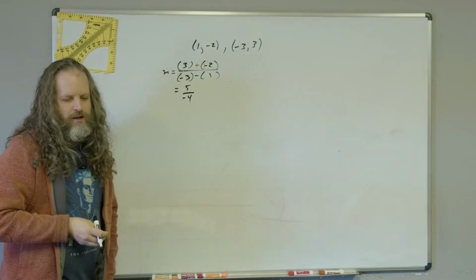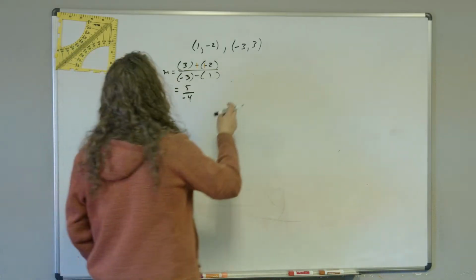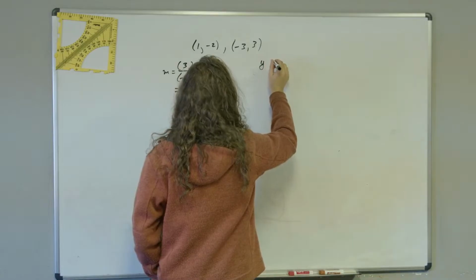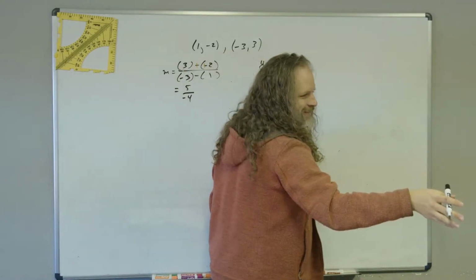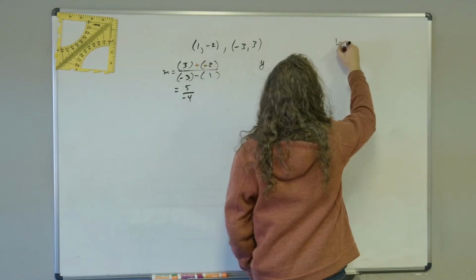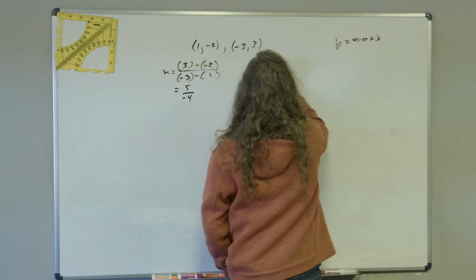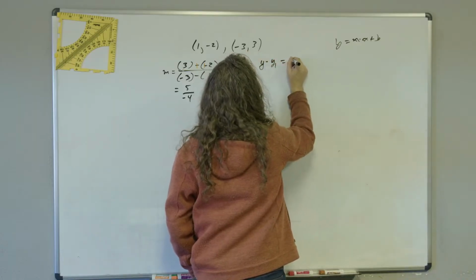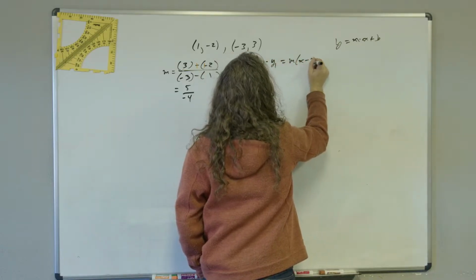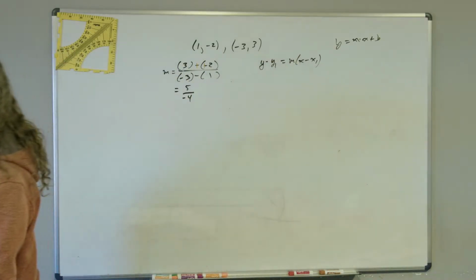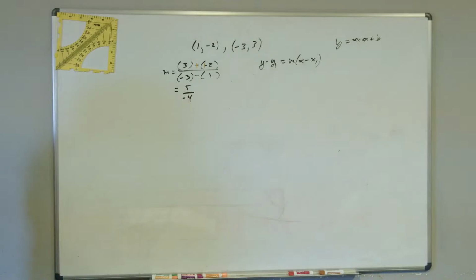Sure. What is the slope-intercept form? That's the point-slope form. But y equals mx plus b is the slope-intercept form. We can use either one, right? To get to the answer, y minus y1 equals m times x minus x1. Either one. Which one do y'all want to use? Wow, don't everybody have an idea at once. Calm down.